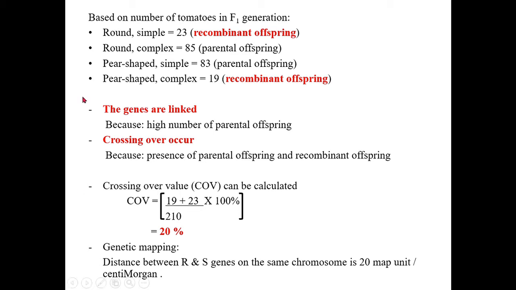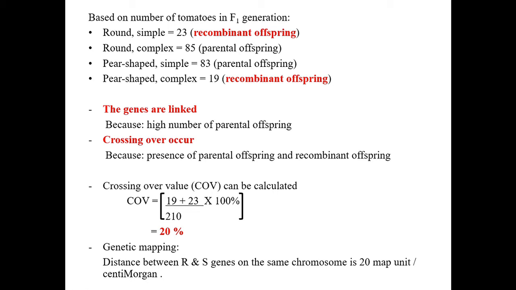Then the small numbers, these two, that is the recombinant offspring. Recombinant offspring are offspring whose genes are a mixture of 2 parents. That is one. Then, from that data also, we can conclude that the genes are linked, because we have a high number of parental offspring. How?